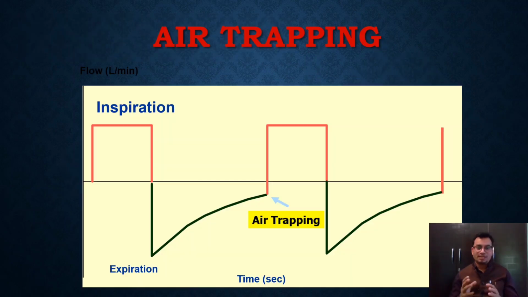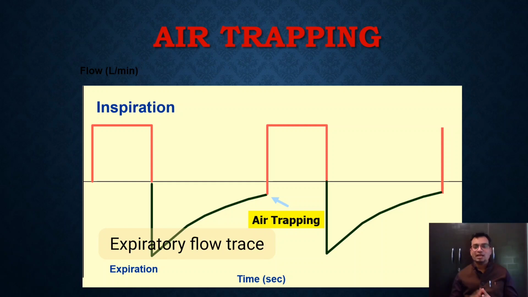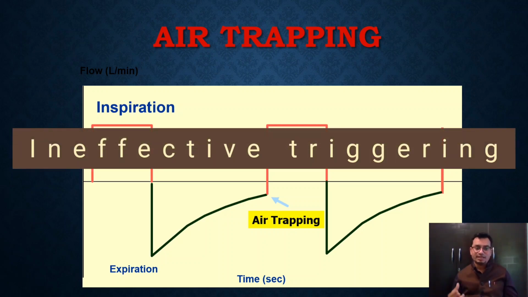In case of obstructed lung, it is vital to look at the flow time curve or flow time scalar, where expiratory flow should be observed carefully. If expiratory flow curve is not meeting the baseline, or if the expiration does not end completely, it results in air trapping, which gives rise to auto PEEP or intrinsic PEEP in the lung, and that contributes to hypotension sometimes and a lot of other problems like ineffective triggering.